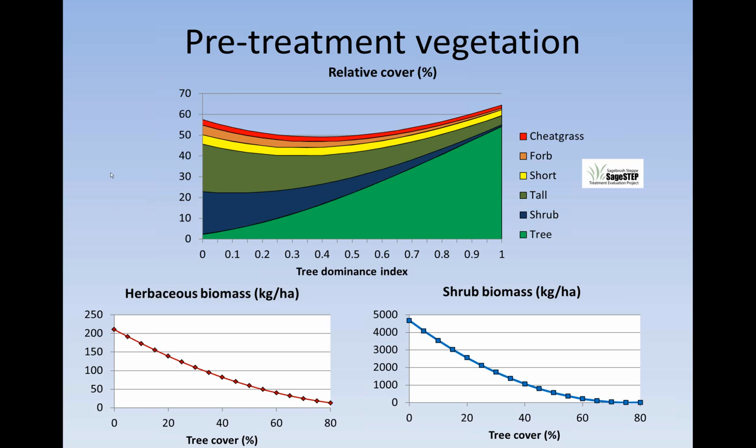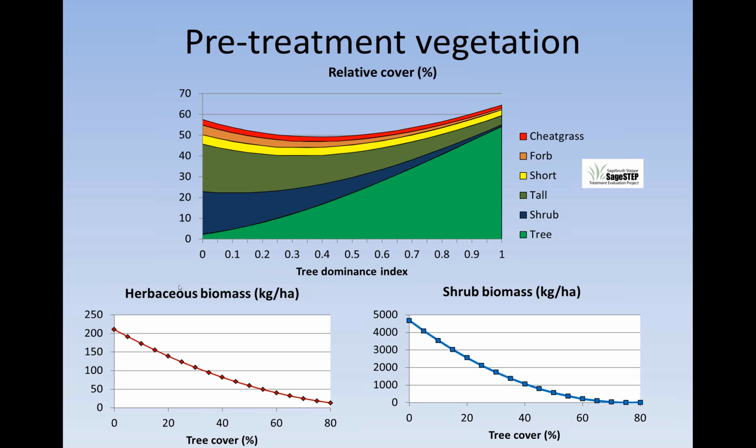This is actual subplot data from the Sagestep study, which were some 11 sites pre-treatment. And you can see as your tree dominance index increases, your tree cover, of course, goes up, your shrub cover goes down, your tall grass cover goes down. Short grass doesn't go down as much, but it still goes down a little, and forb cover even decreases. But especially shrubs are very sensitive to increasing tree cover.